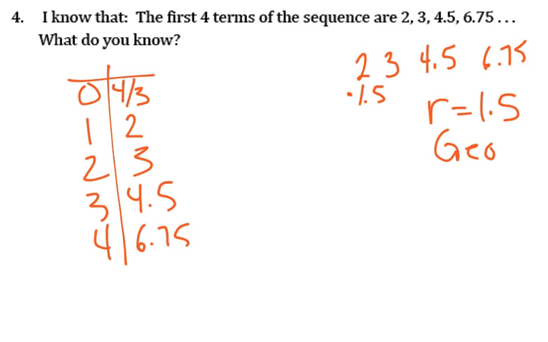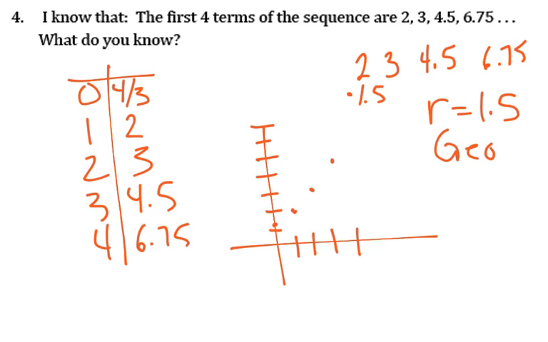So there's a table. Could I graph that? Yeah, easily. 4/3 is 1.3, so slightly above that. Then 1, 2; 2, 3; 3, 4.5; 4; and 5, 6.75, so almost 7.